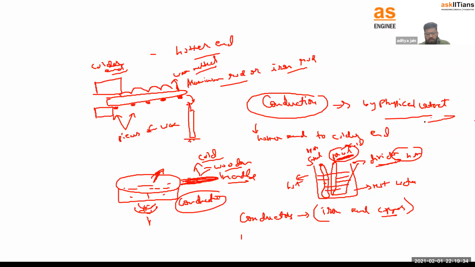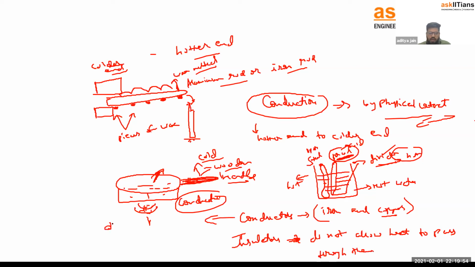Conductors allow heat to transfer through them. We have given examples of conductors as iron and copper. Examples of insulators can be wood and rubber.